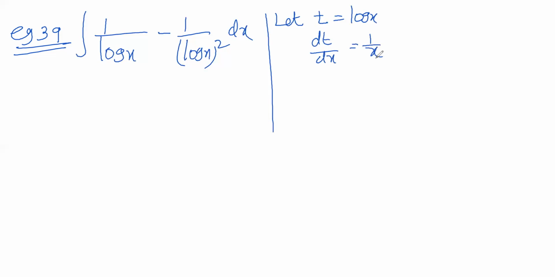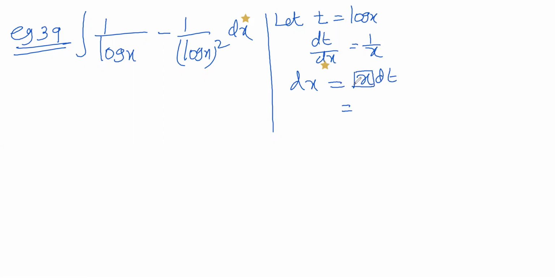Here we need dx, so that we'll find out dx. Cross multiplying, dx is equal to x dt, where x is this x.